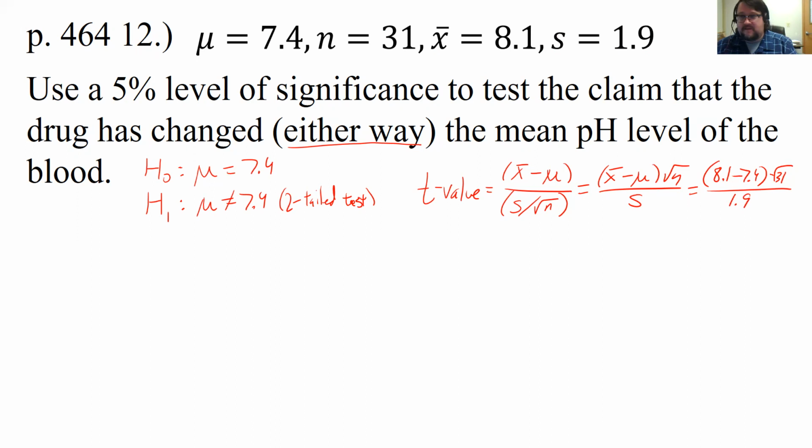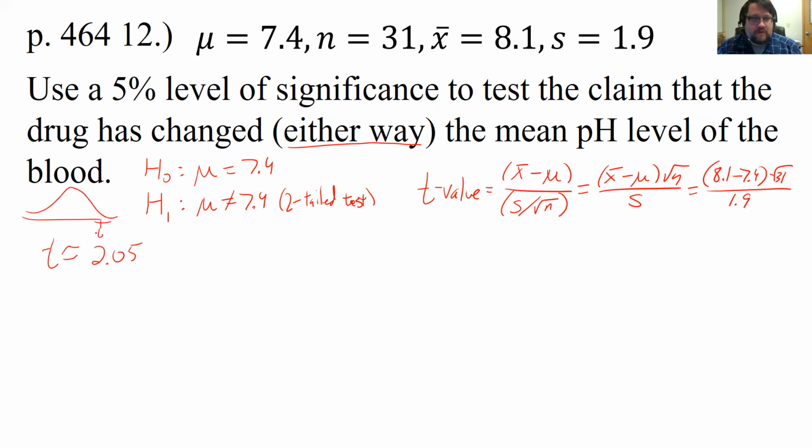Let's do this calculation. Parenthesis 8.1 minus 7.4, close it up, times the square root of 31, divide by 1.9. And that gave me a t value of about 2.05.